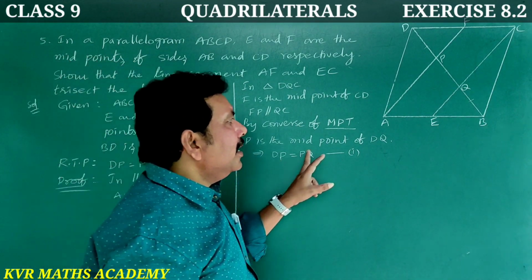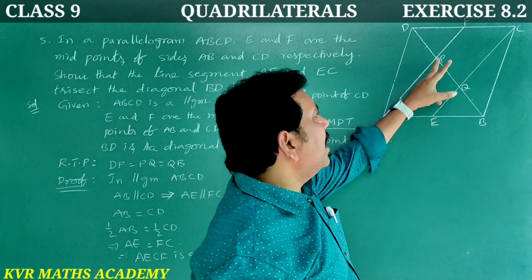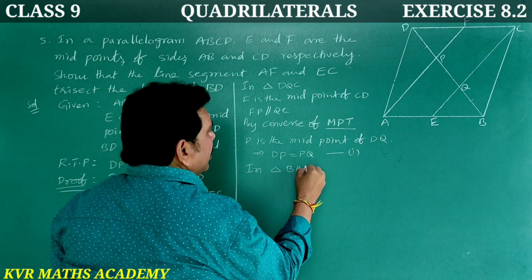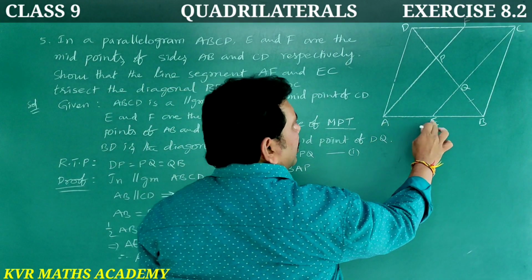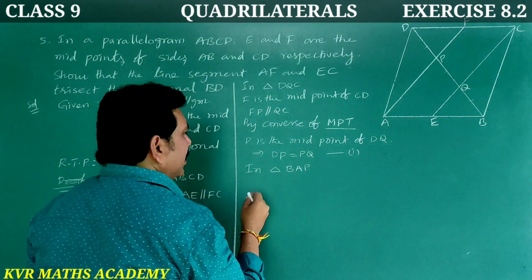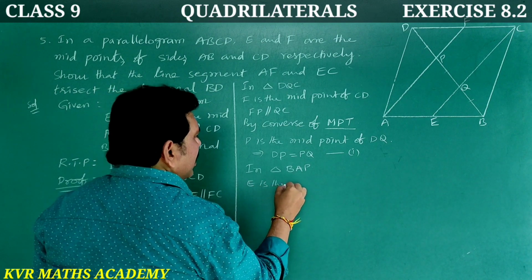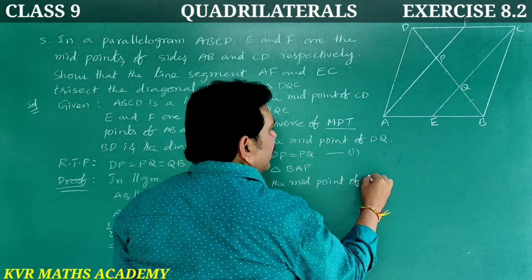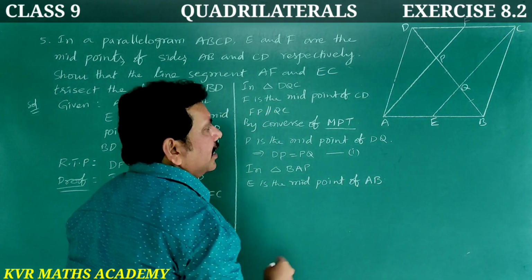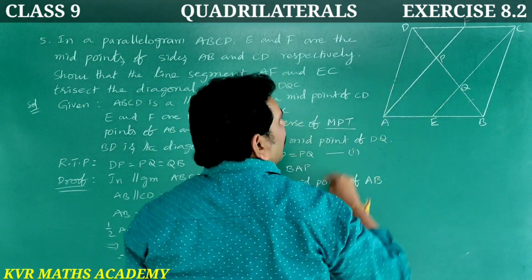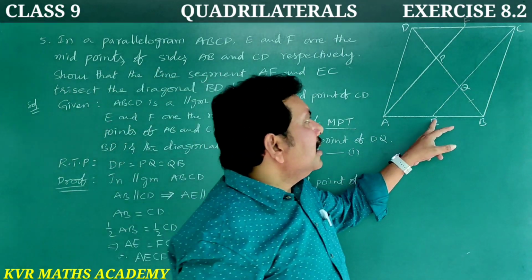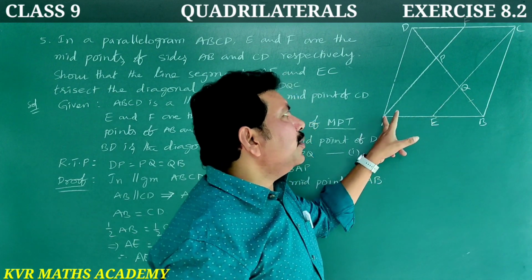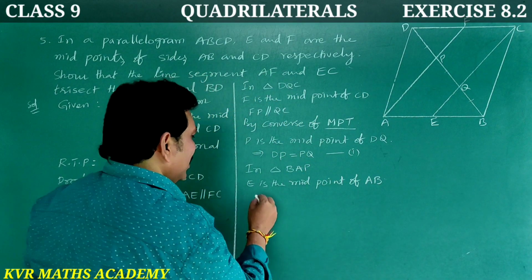In the same way, consider the triangle BAP. In triangle BAP, E is the midpoint of AB, right? Next, EQ is parallel to AP, because EC is parallel to AF, so the points on them give EQ parallel to AP.